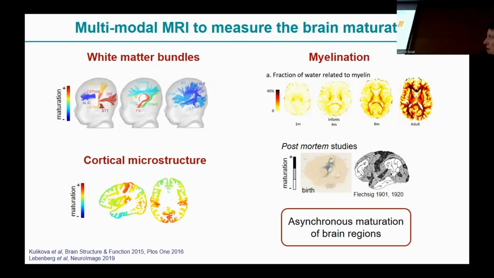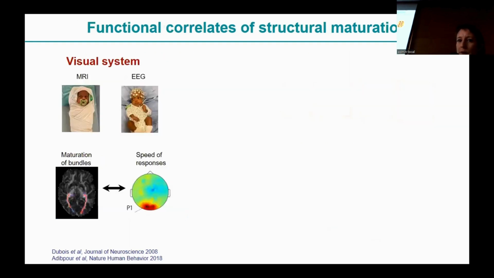So all these studies in typical infants show that there is an asynchronous maturation of the brain regions, and these are structural, microstructural markers, which actually translate to functional development in the brain.